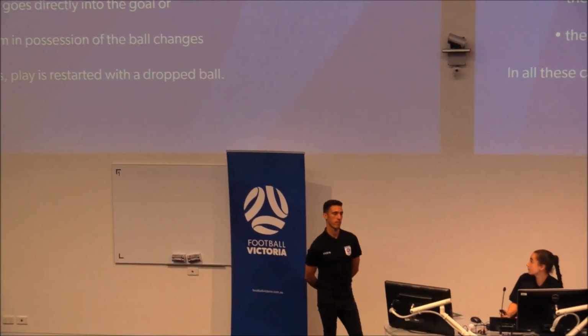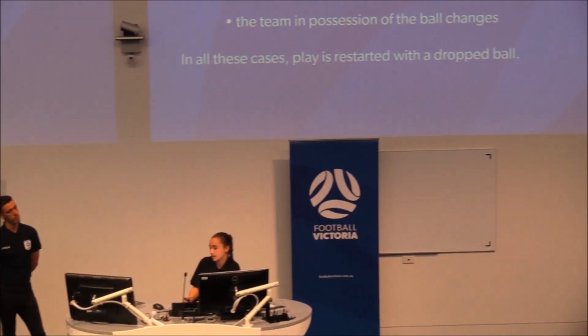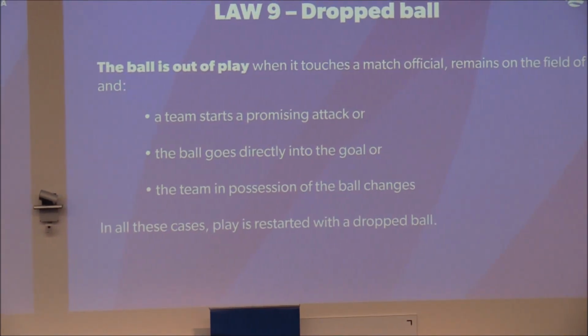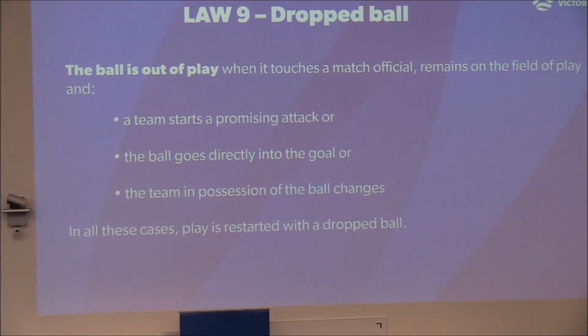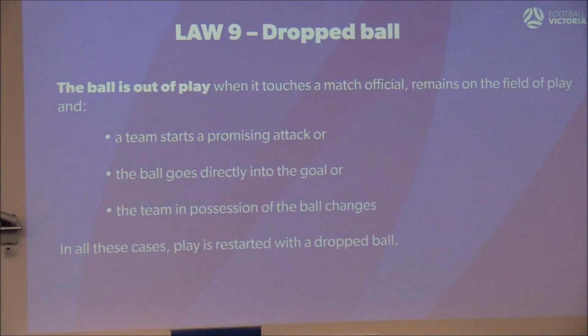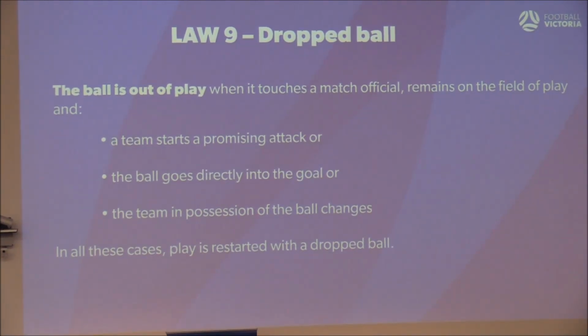And just continuing from drop ball in Law 9, the ball is out of play when it touches a match official and remains on the field of play, when a team starts a promising attack, or the ball goes directly into the goal, or the team in possession of the ball changes. In all these cases, play is restarted with the drop ball. The current drop ball procedure often leads to a manufactured restart, which is exploited unfairly.